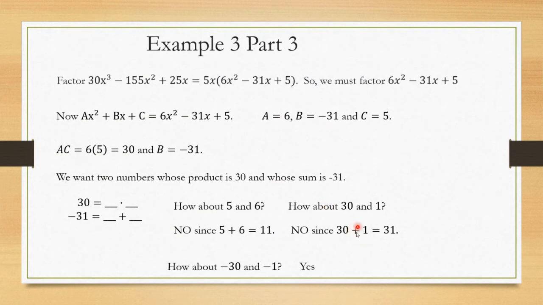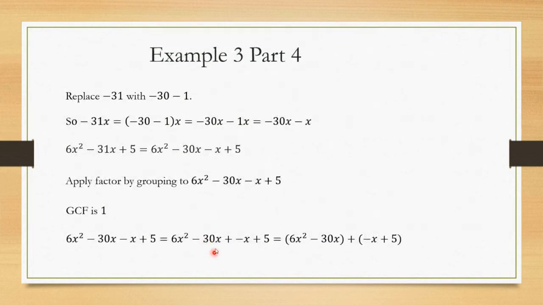Close, but no, because 30 plus 1 is 31, not negative 31. We want negative 31. Well, how about negative 30 and negative 1? That works. If you multiply two negatives, you get a positive. So we're going to use negative 30 and negative 1.